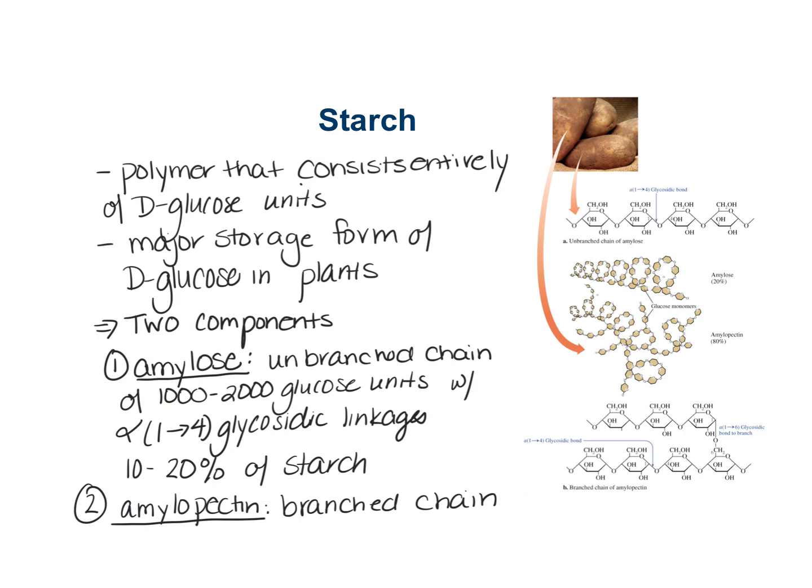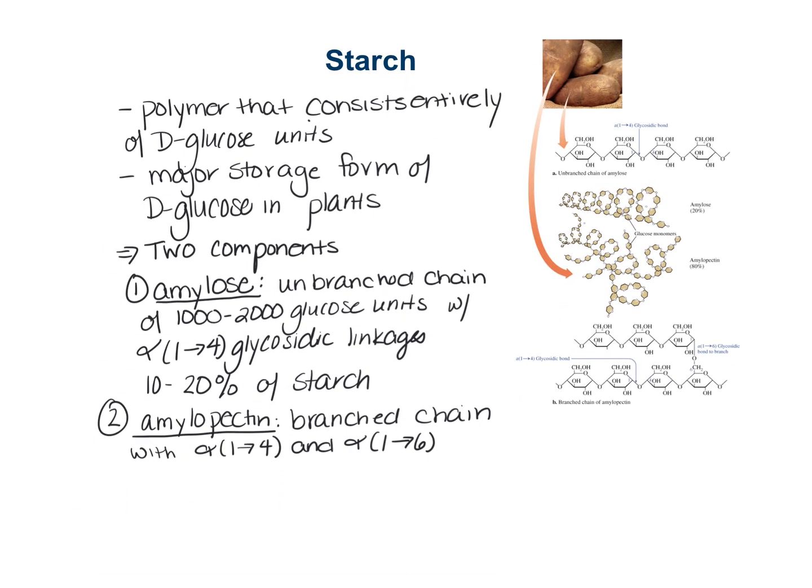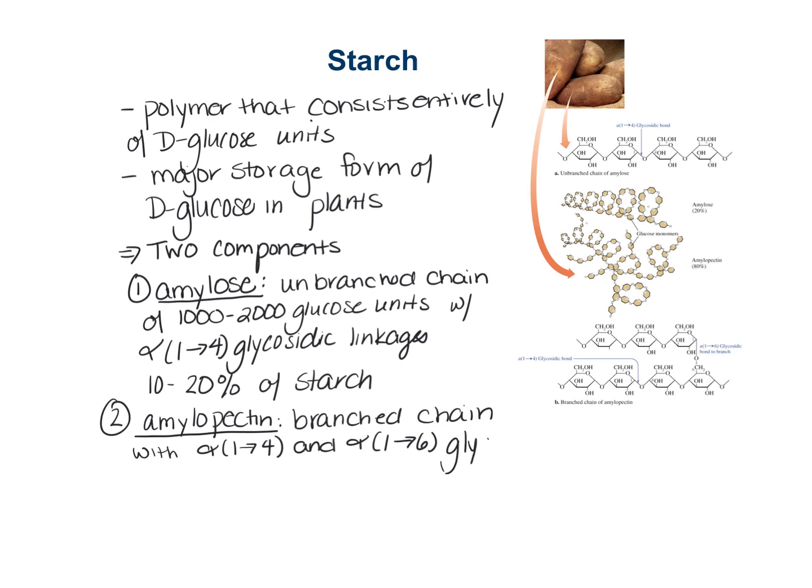And that consists of alpha-1,4 linkages, but it also has those alpha-1,6 glycosidic linkages that cause the branching. And it makes up about 80 to 90% of starch.